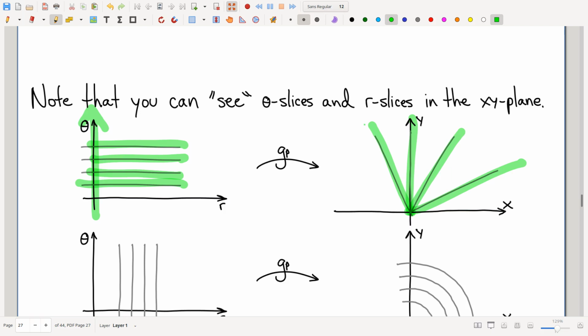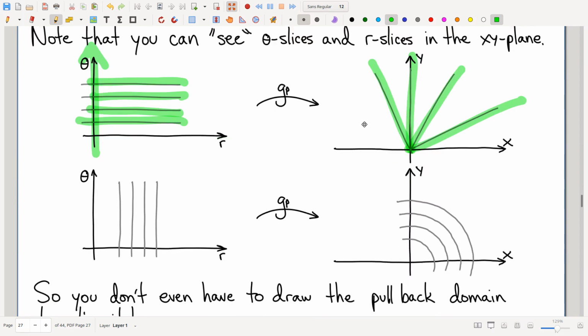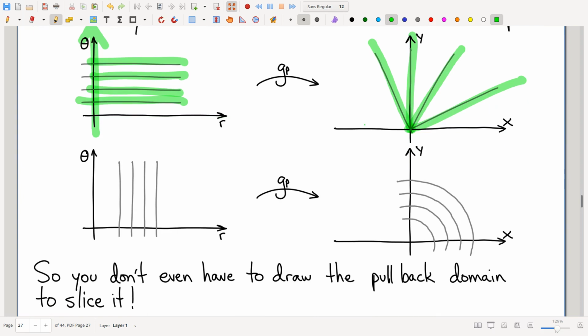It's the exact same process. And likewise for your r slices, if you should ever choose to do them in that order, which I don't think any of you ever will. I never do myself. It's always better to put the theta slices on the outside.